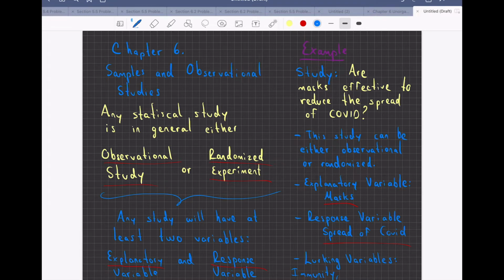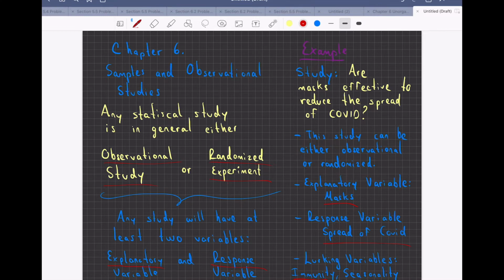Besides immunity, we can say seasonality. Depending on the season, maybe the spread of COVID is going to be faster than in another season, right? For example, with the flu, we know when the spread occurs faster.